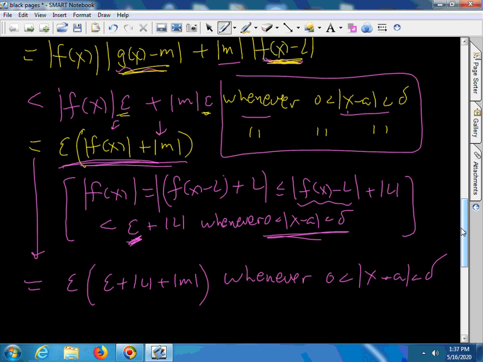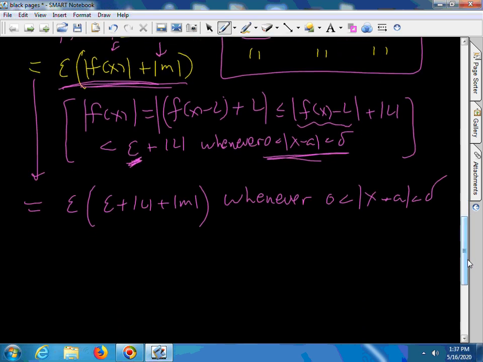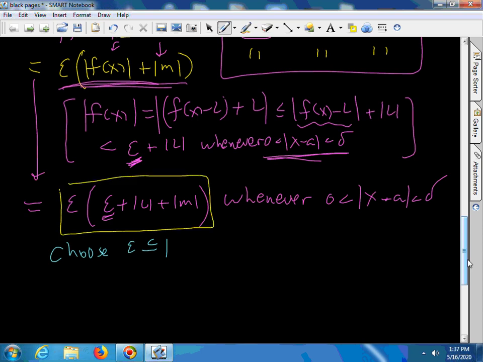Okay, now I don't like this epsilon. I only want it to have one epsilon. So what I'm going to do is choose epsilon to always be less than or equal to 1. Okay, so I want to get something bigger than that.